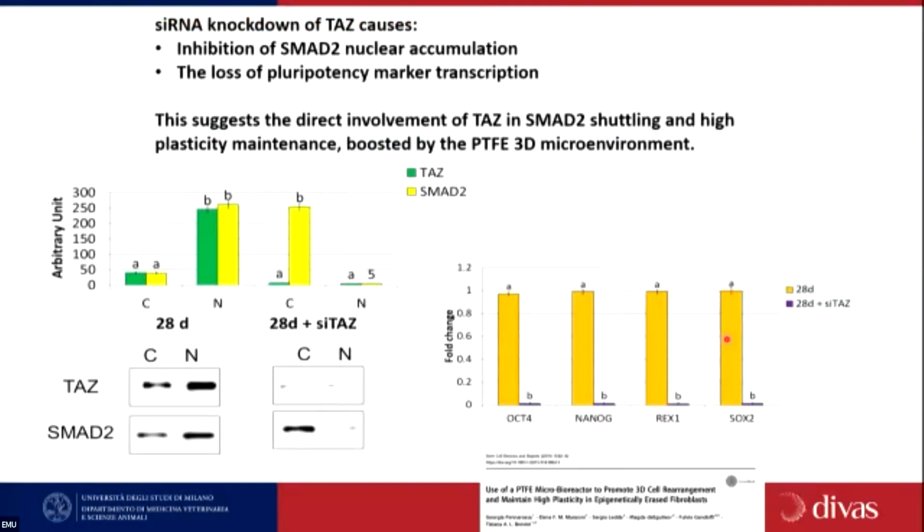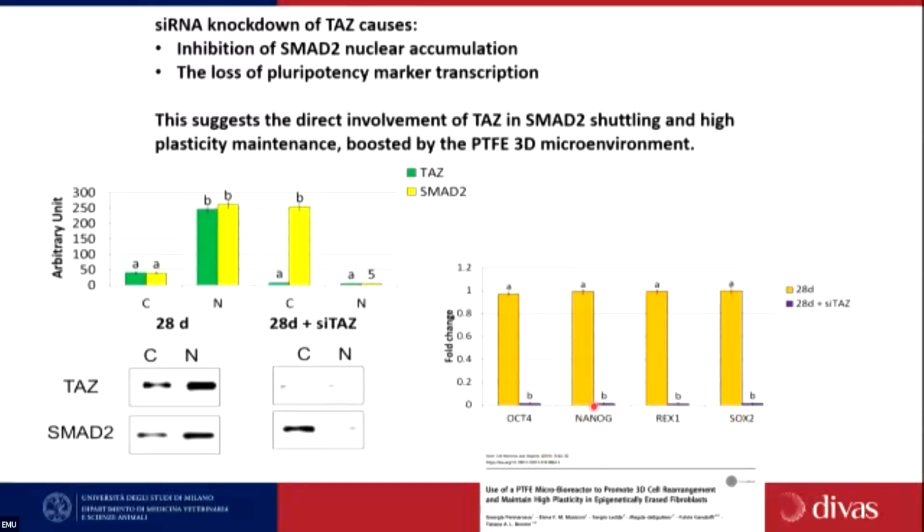I'm not going too much into this, but basically the story here is that to show this, we knocked down one of the two elements. We decided to knock down TAZ. And if we knock down TAZ, we have no nuclear translocation. Of course, we don't have TAZ because TAZ is not there anymore. But we also have no nuclear translocation of SMAD. And therefore, as you can see here, purple bars, pluripotency-related markers are down.